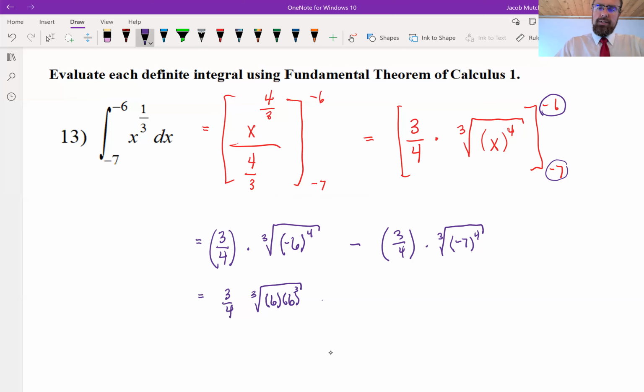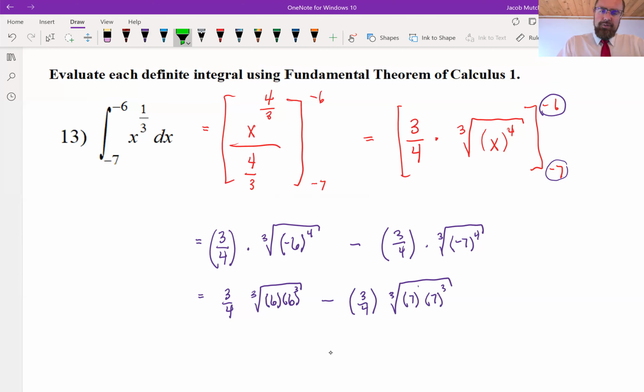Do the same with the 7. Because it's an even power, the 4th power within the radical, that's equivalent to positive 7 to the power of 4. So I'll write this as the cube root of 7 to the power of 1 times 7 to the power of 3.